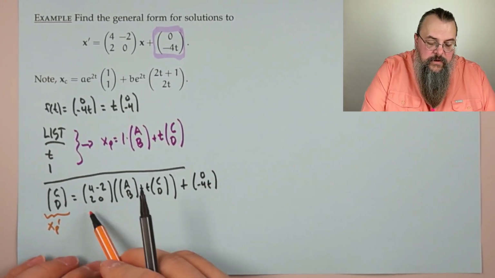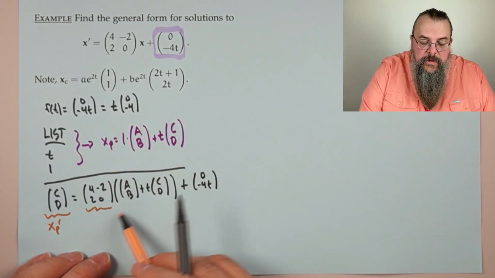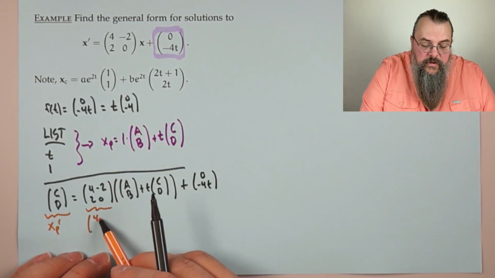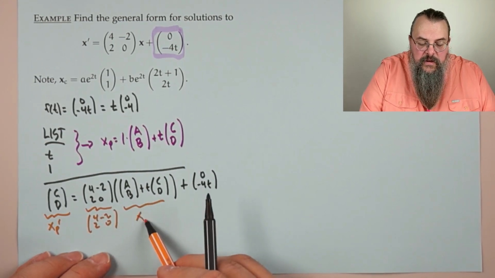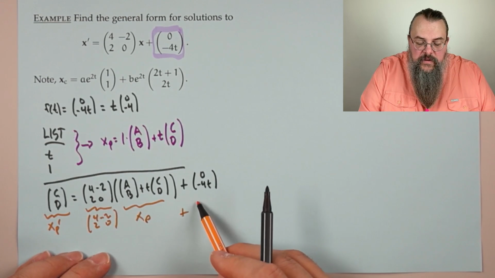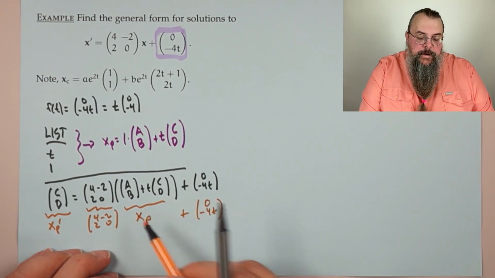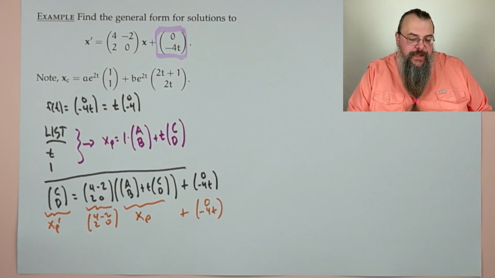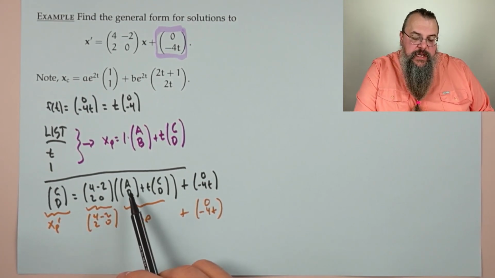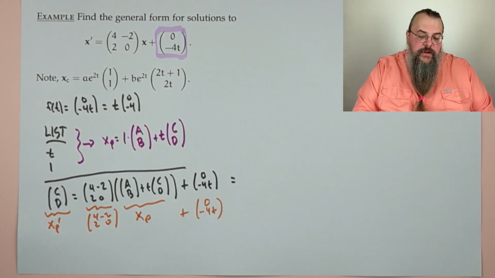So we have our matrix A, the same matrix as before, our xp, and here is our (0, -4t). Okay, great. Now we keep cleaning it up, and by that I mean we do the multiplication. So, what do we have?